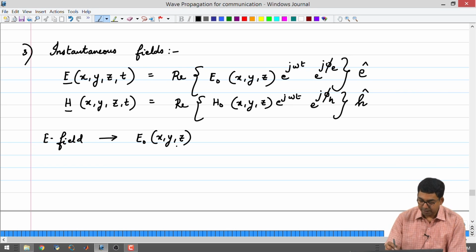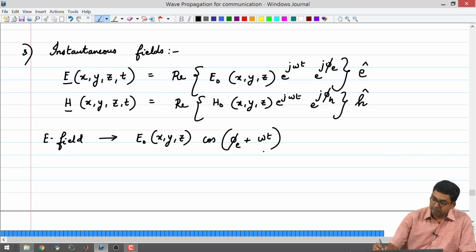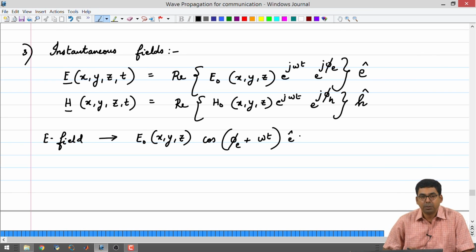Since we are taking the real part, we can directly go ahead and say that it looks like a cosine. Phi e plus omega t is the net phase, or the total phase, and it points in the direction E hat. One could always orient the coordinate axis in such a way that E hat is pointing to one of the Cartesian coordinates, say x, y or z, depending upon the problem.